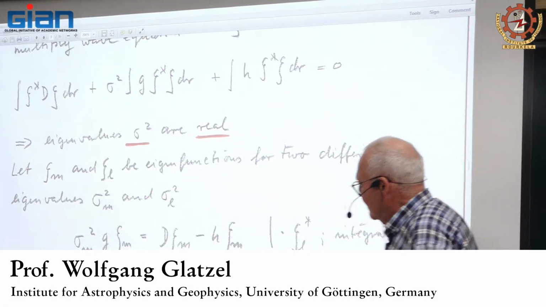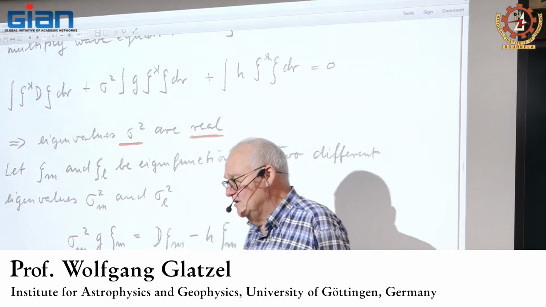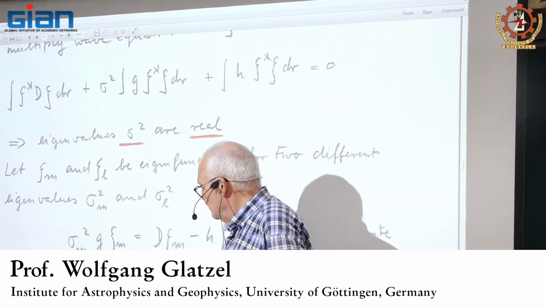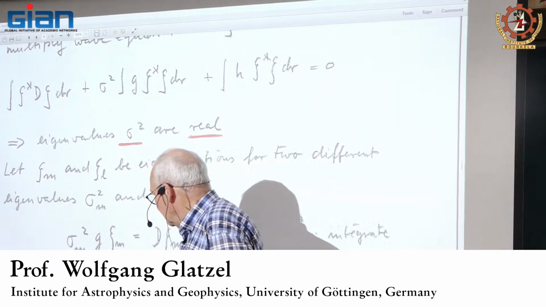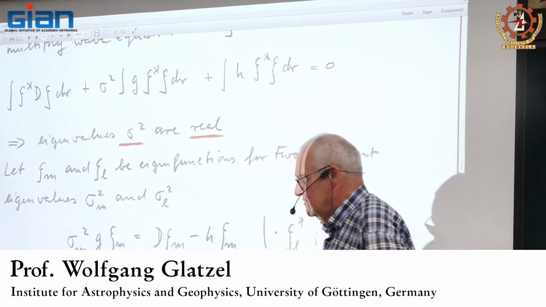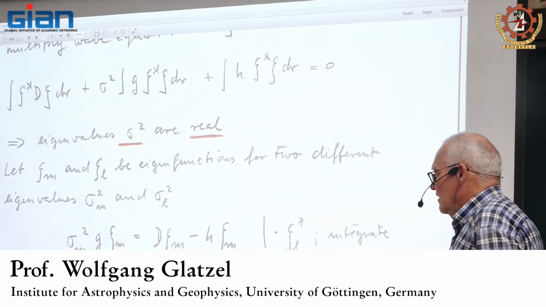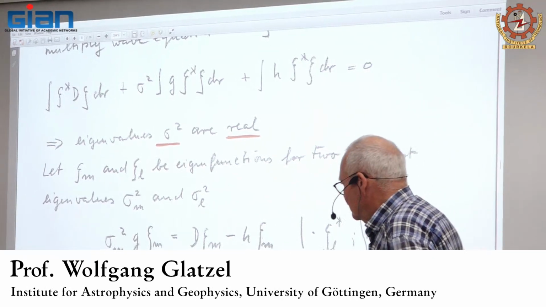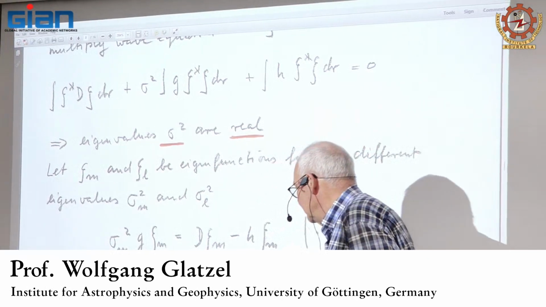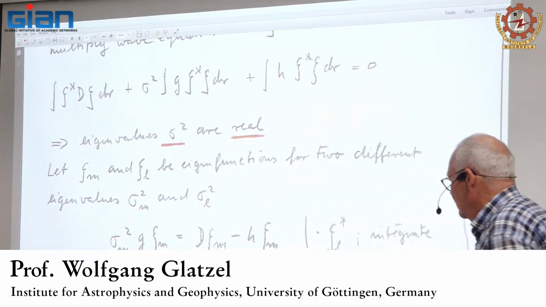For convenience, we take the complex conjugate of the second equation. Complex conjugate means all these quantities are real, so only the complex conjugate of the eigenfunction is to be applied here. Operator d is real and h is also real.